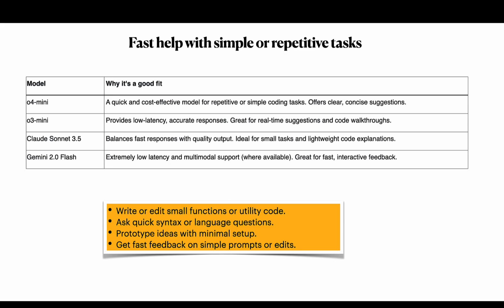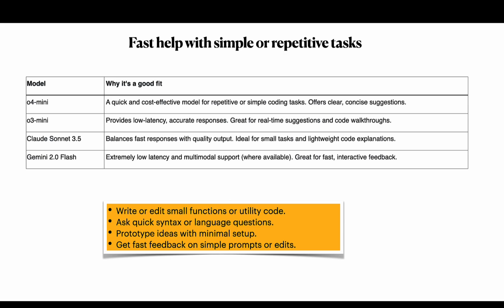Then we have Claude Sonnet 3.5, which balances fast response with quality output, ideal for small tasks and lightweight code explanation. Gemini 2.0 Flash has extremely low latency and multi-model support whenever available.